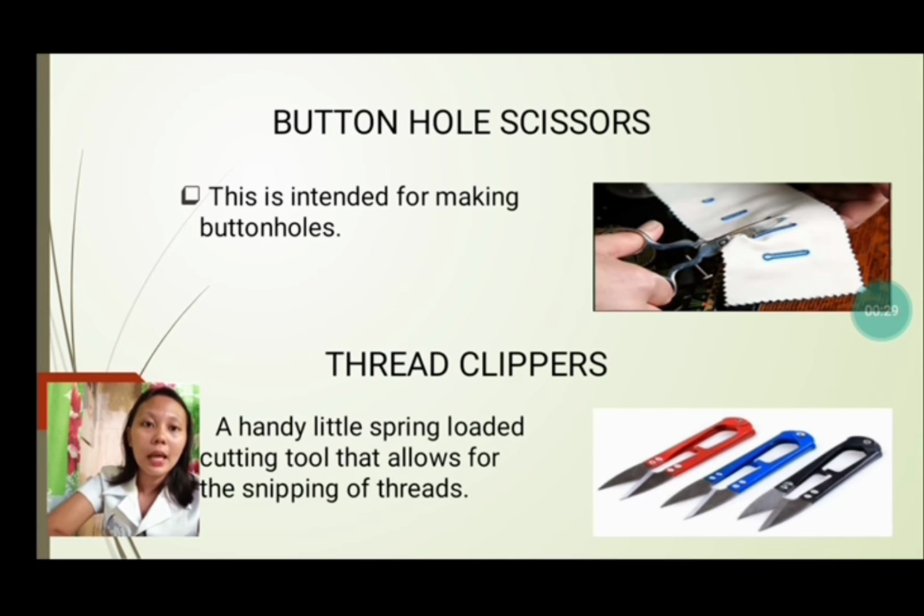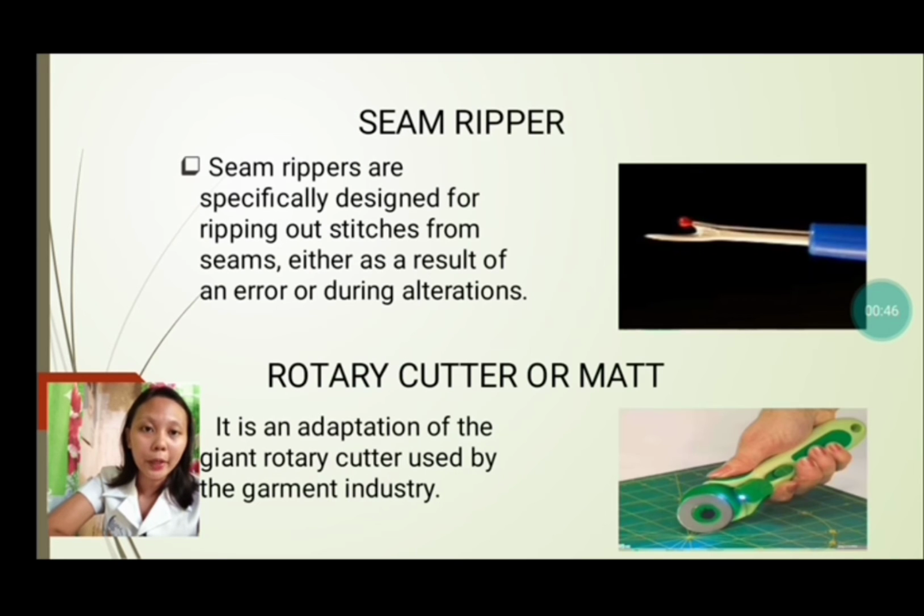If there is a handy little cutting tool to cut a thread, there is also a handy little tool for taking out seams and removing stitches. And that tool is what we call a seam ripper.